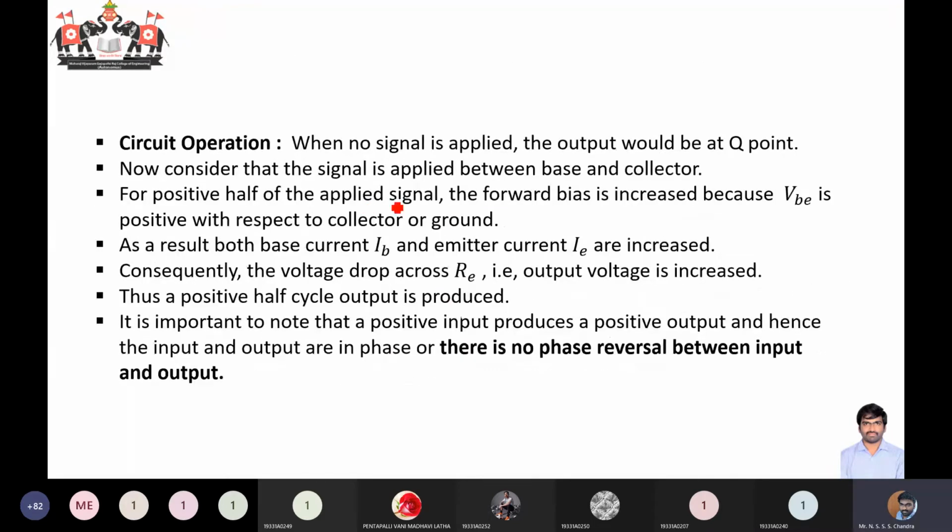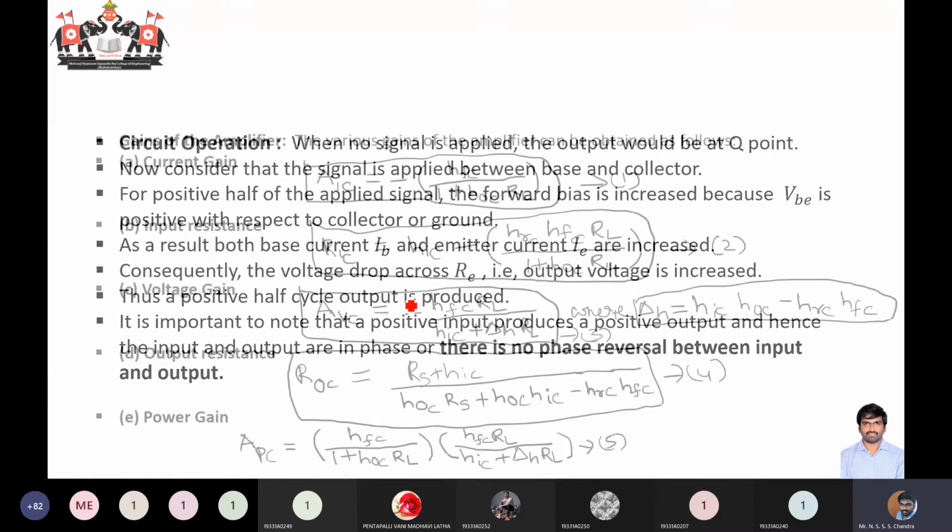Also your VBE is positive with respect to ground and it will also increase. So whenever you are giving the positive half cycle, your base current IB is going to increase, which will also result in an increase in the current IE, and which will result in an increase in the voltage drop across RE. Here also there will not be any phase reversal.